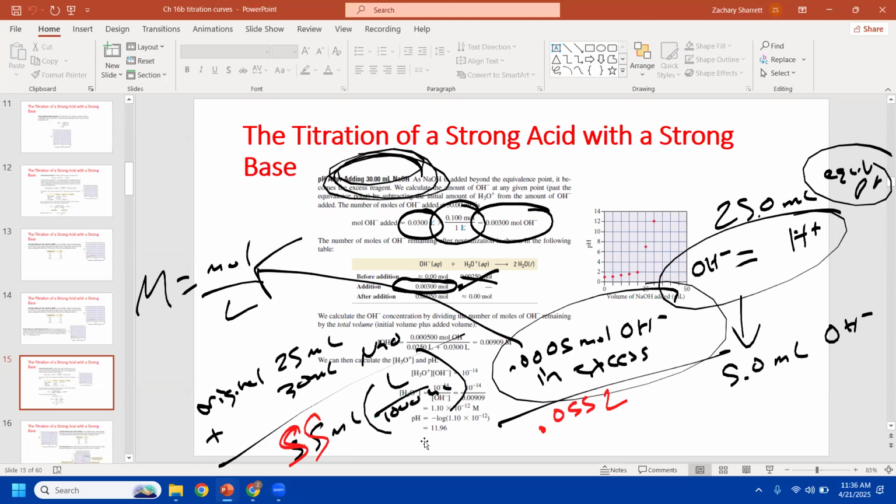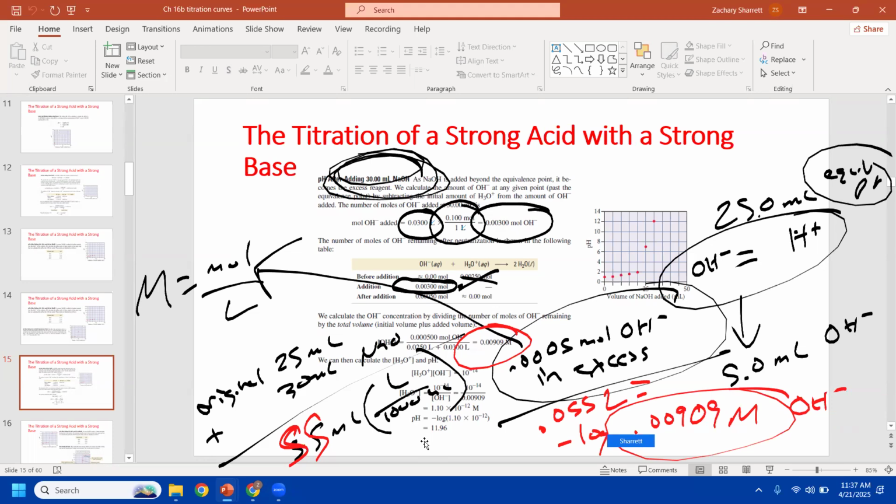That's going to give us, verify that on your own, 0.0005 divided by 0.055. Shout out the answer for me. How much? 0.00909 molar. This is the OH minus concentration.